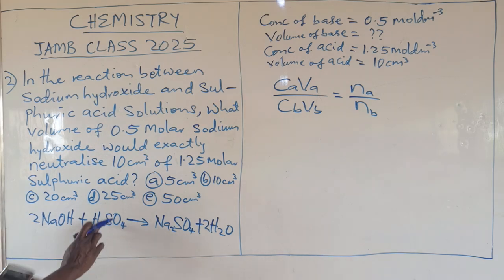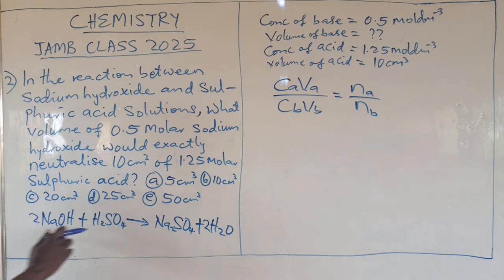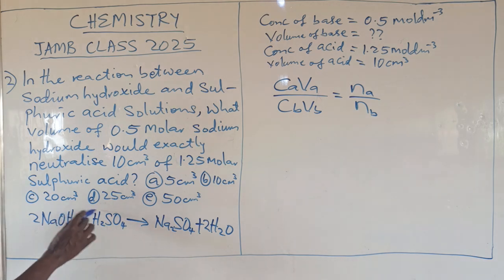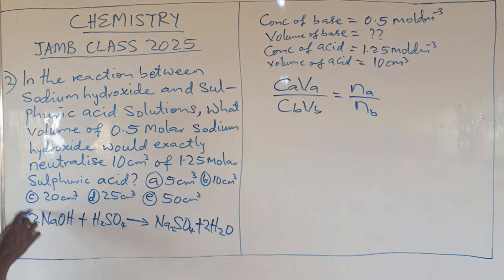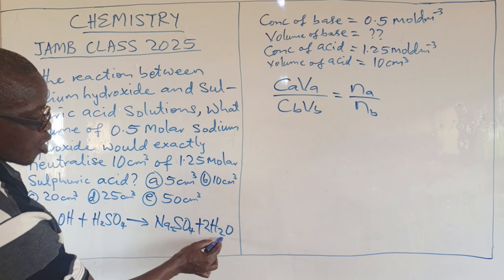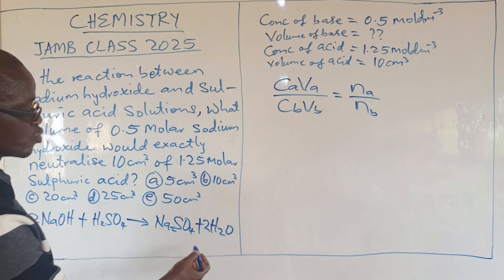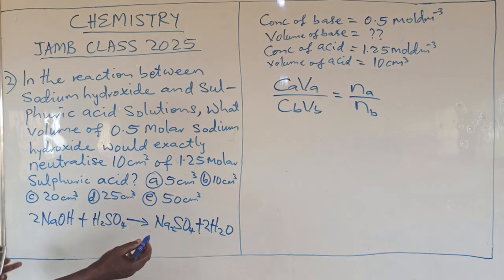Here, check another hydrogen, 2 is also here. So 2 plus 2, 4. 2 hydrogen plus 2 hydrogen is 4 hydrogen. Here, multiply 2 by 2 for hydrogen, it gives you 4.